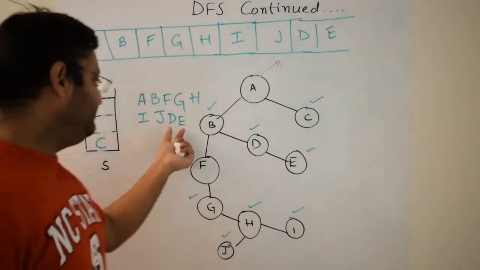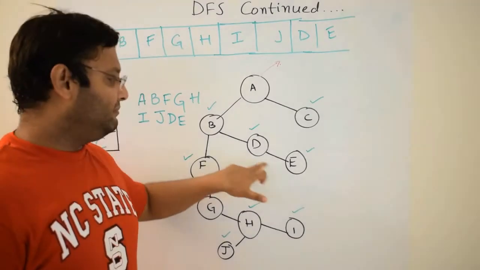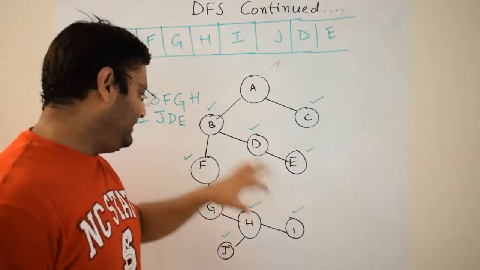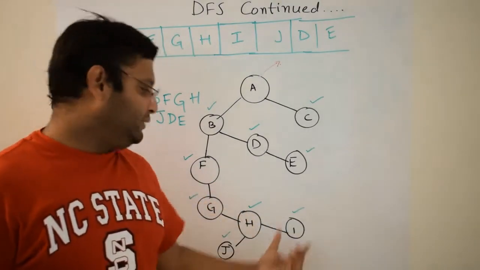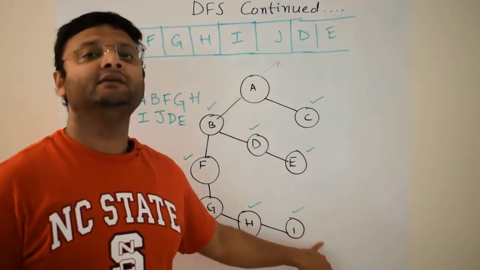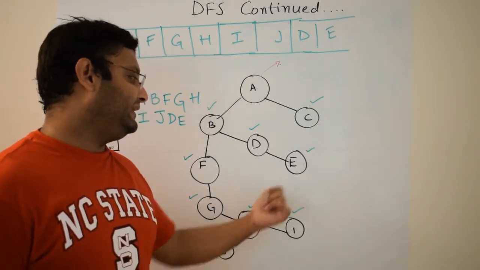Again the same logic applies to E. Are there any neighbors? Only one neighbor, but it has already been visited. I might have said earlier in this graph that I has no neighbor. Actually what I meant at that time was that I has no neighbor which has not been visited. I had one neighbor in this case, H, but it has been visited.